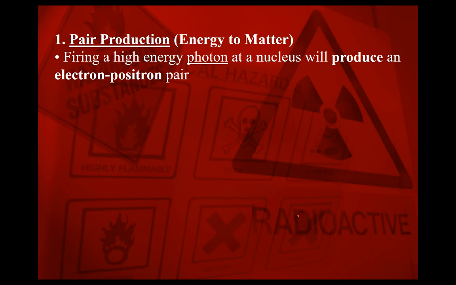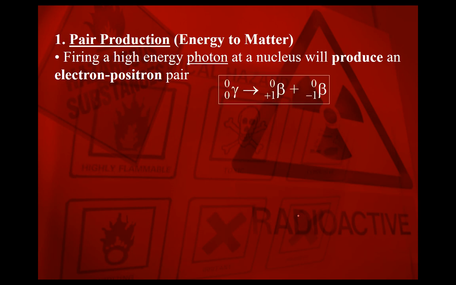It turns out when we do this, we can get an electron-positron pair. So we're taking our photon energy and we're getting mass out of it, the mass of an electron and a positron. In this pair production, we're starting with energy and getting matter out of it. It's an energy to mass conversion.